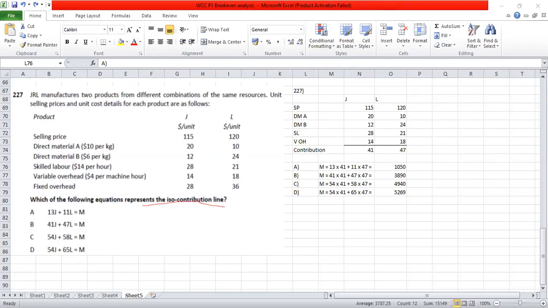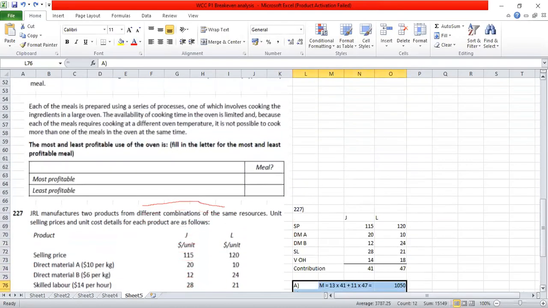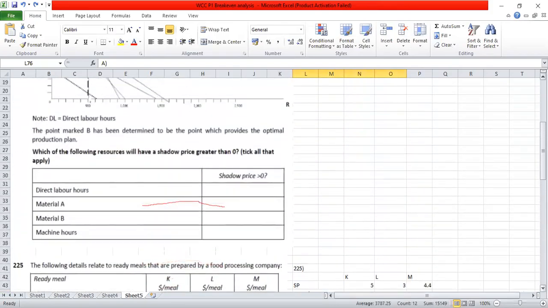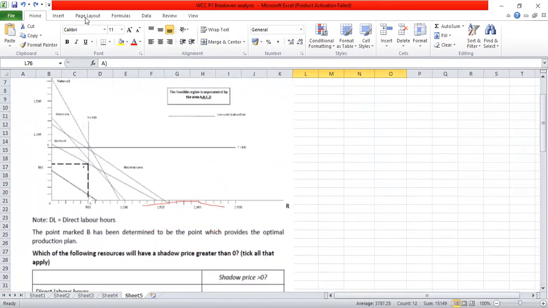See here in this case, of ISO contribution line, see this one goes parallel. ISO contribution line goes parallel to the optimal solution.